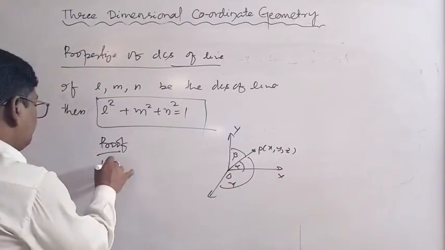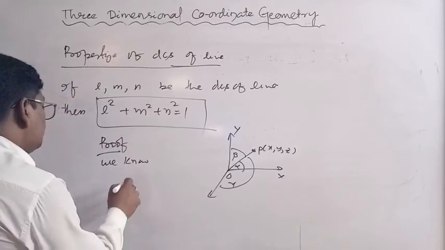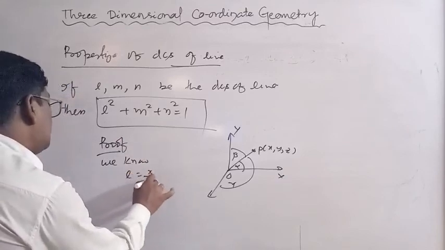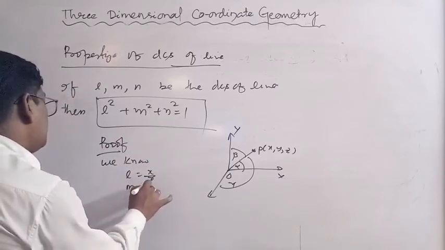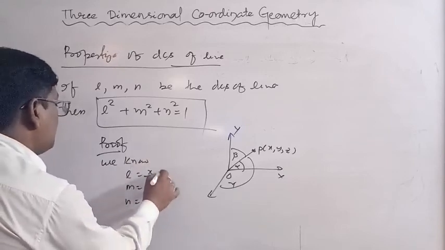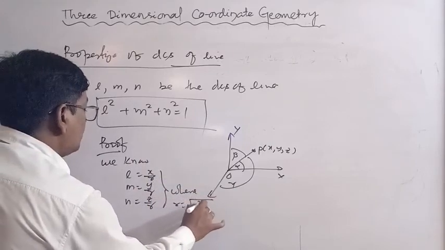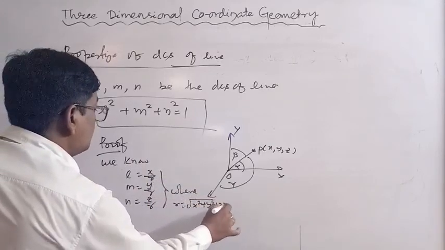We know L is equal to x by r, M is equal to y by r, N is equal to z by r, where r is equal to the square root of x square plus y square plus z square.